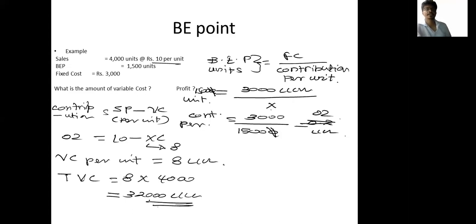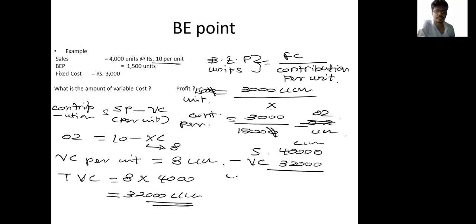Now we need to calculate the profit. So here sales is 4,000 units into 10, that means 40,000, minus variable cost. Total variable cost 32,000.